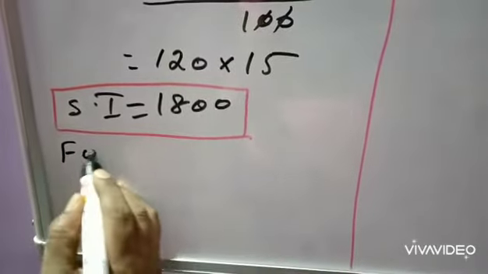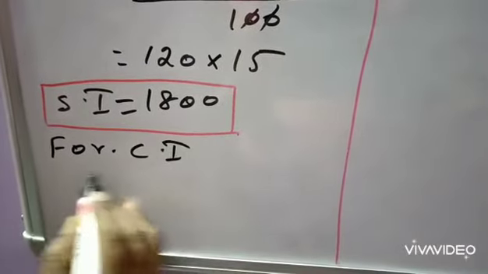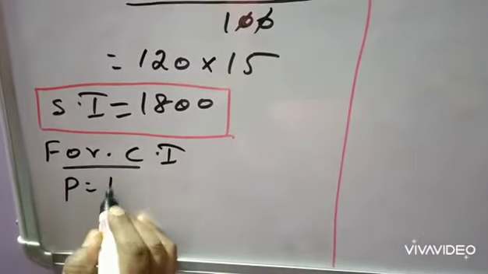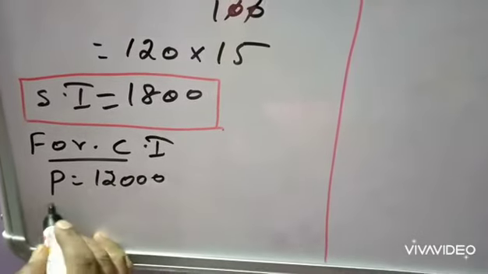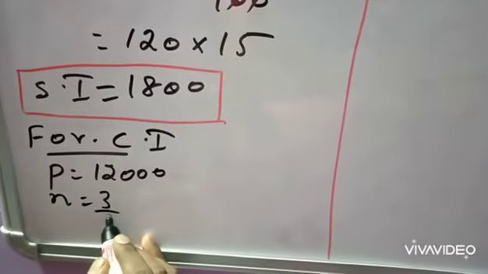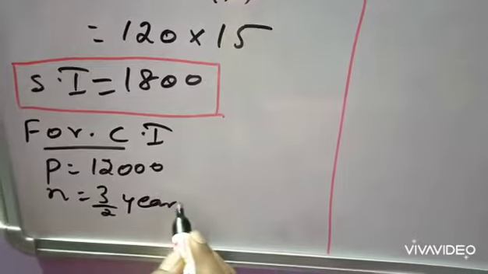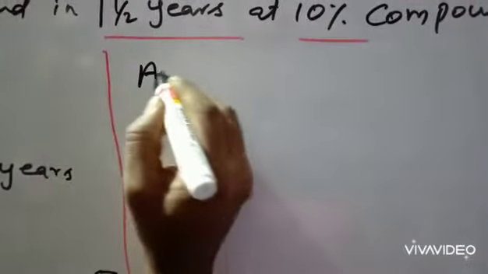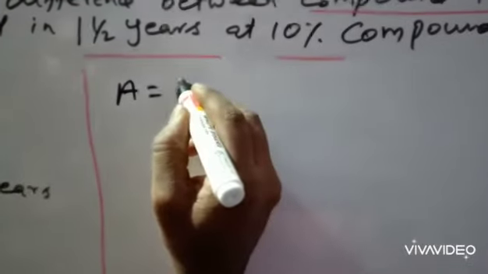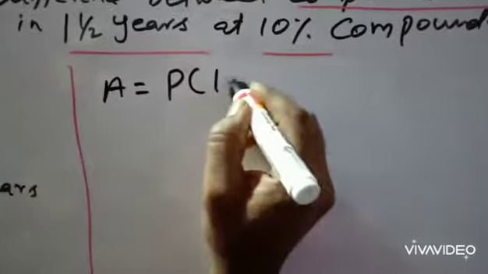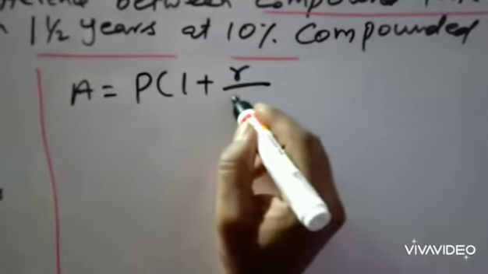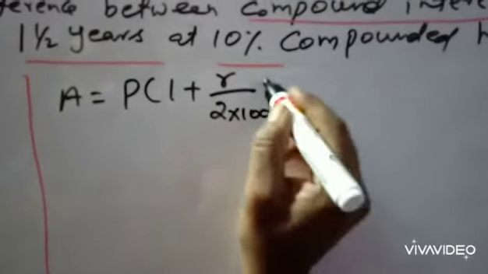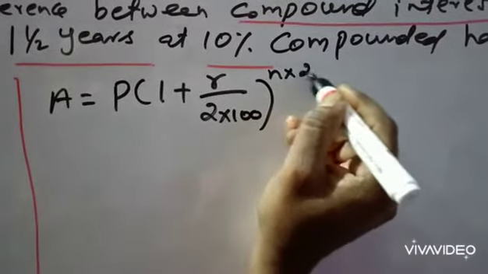Next, for compound interest, we have the same principal 12,000, n equal to the same 3 by 2 years, R equal to 10%. The compound interest calculation is happening half yearly. So amount equal to P into (1 plus R by 2 into 100) power n into 2.